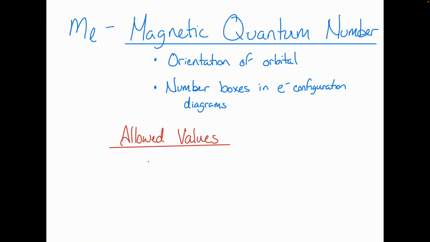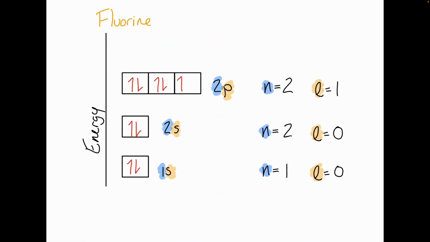Your magnetic quantum number can take on a value from negative L all the way to positive L. So we're going to annotate fluorine's electron configuration diagram here with these m sub L values. I'm going to write them in purple to keep them distinguished. Each box is going to get an m sub L value here.